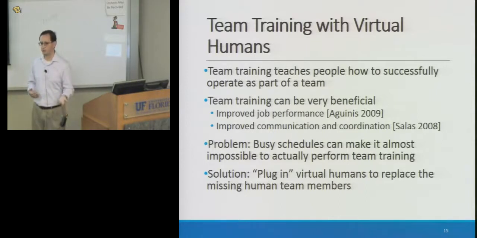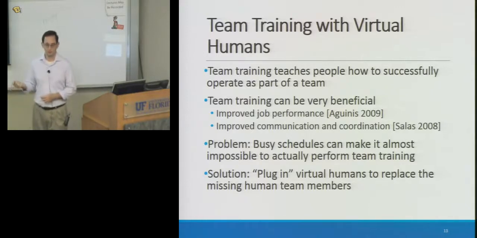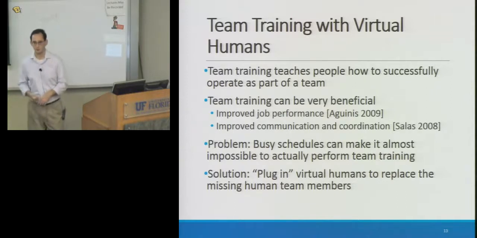If the surgeon doesn't show up because he's stuck in surgery, you're not going to be able to move forward with the exercise. So we're exploring a potential solution to this: we can develop virtual humans to replace those key team members. So again, if we have a virtual surgeon available, we could wheel that virtual surgeon out of the closet, so to speak, and have him replace that human surgeon. So now the training exercise can move forward.